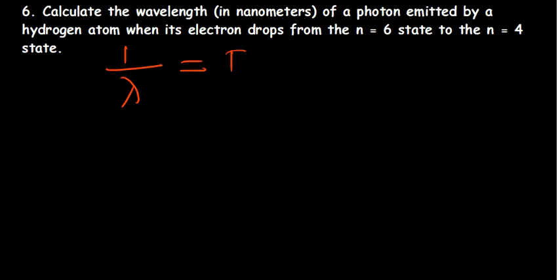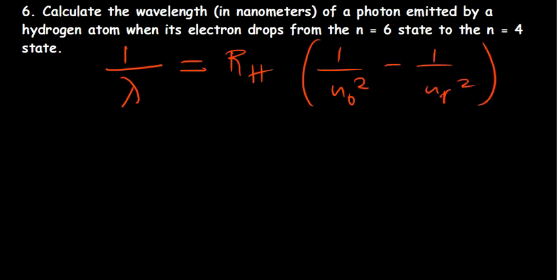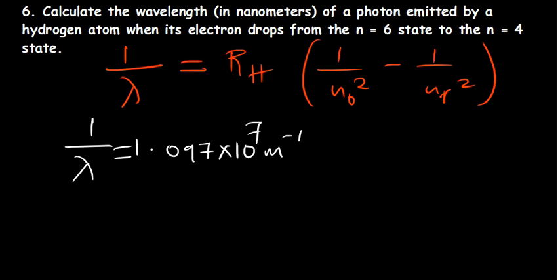So the Rydberg constant, and then 1 over the initial squared minus 1 over the final energy level squared as well. So 1 over wavelength is equal to the constant in meters, 1.097 times 10 to the power 7 per meter, and then the initial in this case is 6, going to a final one, which is 4.